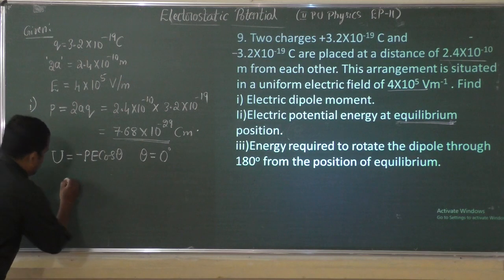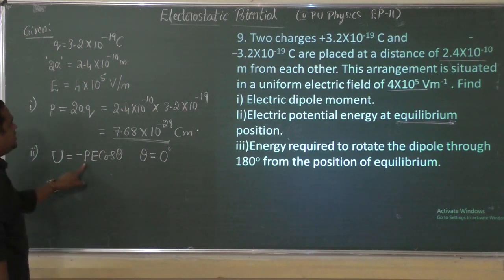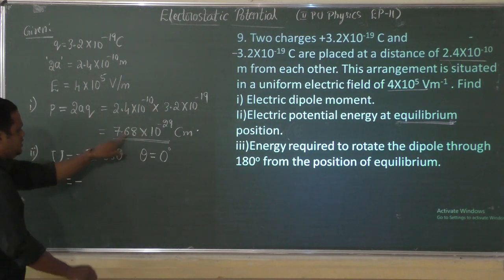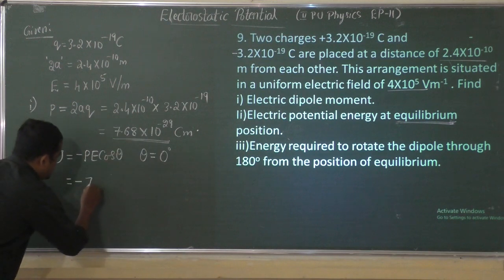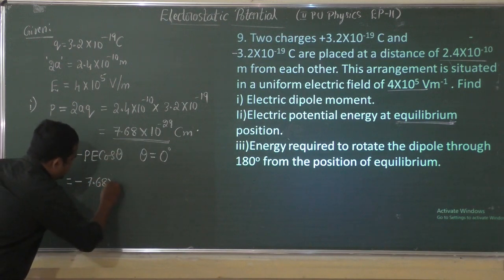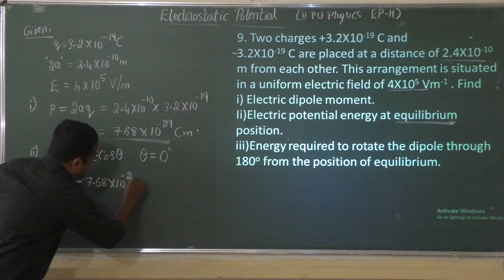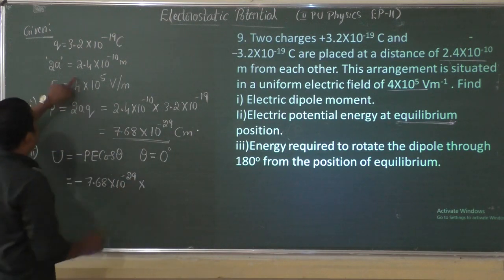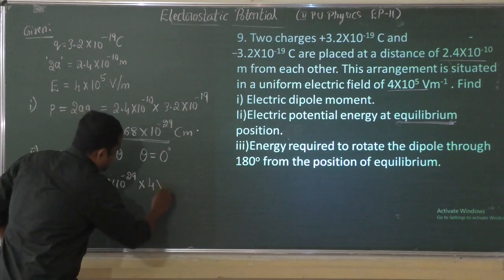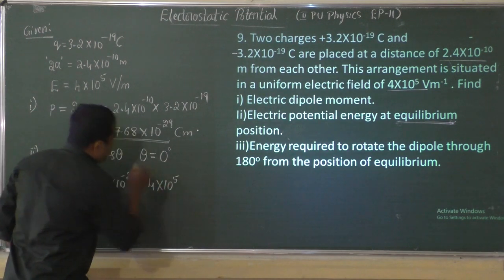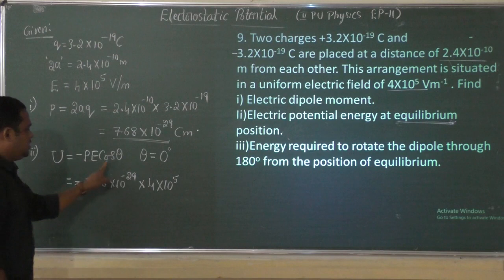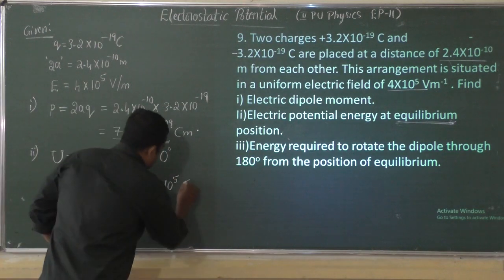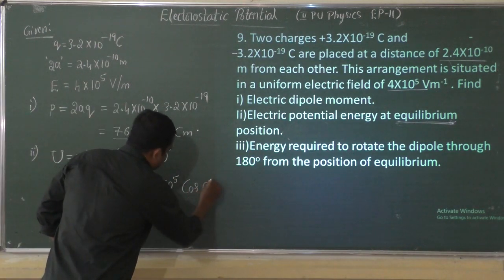Therefore substitute the values. Minus p value, we just calculated the p value, that is dipole moment, 7.68 into 10 power minus 29, into strength of electric field, 4 into 10 to the power 5, pE cos theta, so that is cos 0.